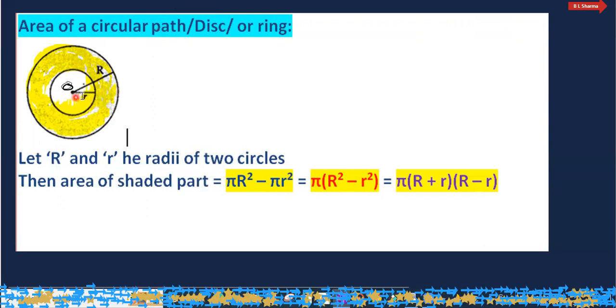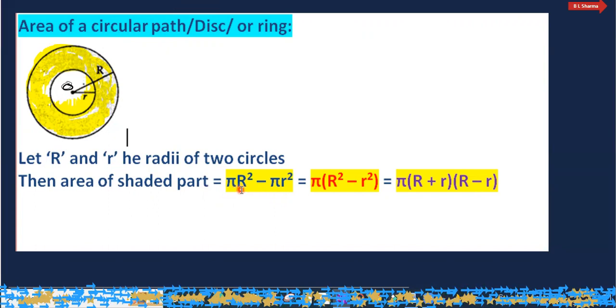And the radius of the smaller circle is small r, and the radius of the larger circle is capital R. So the area of the shaded region, means circular disk, this yellow portion, is given by area of larger circle minus area of smaller circle. We know that area of circle is pi r square.